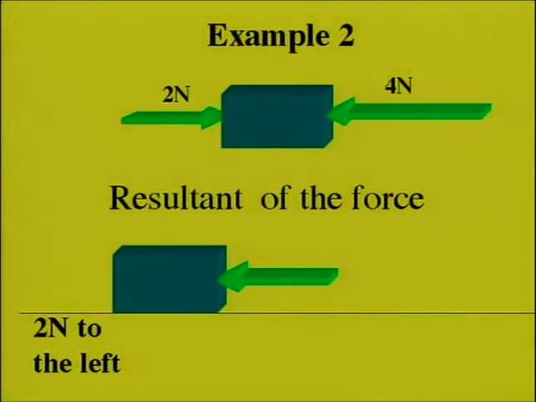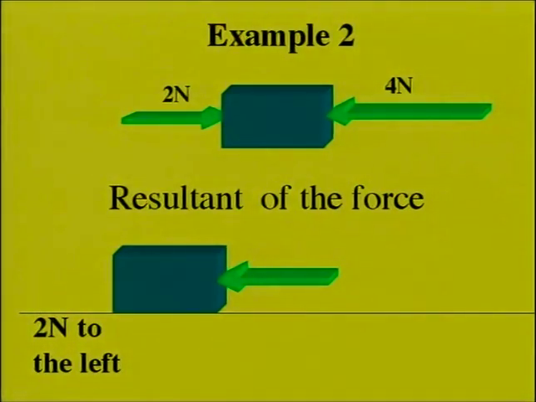You find that the 4 is in the opposite direction to the 2 newtons. That is why the resultant is 2 newtons to the left.